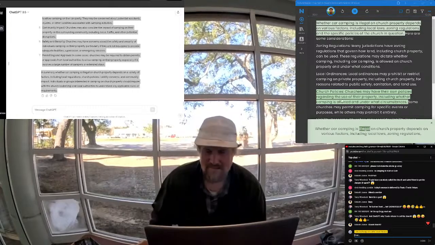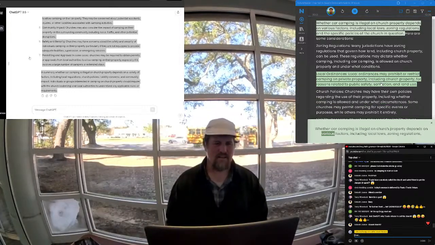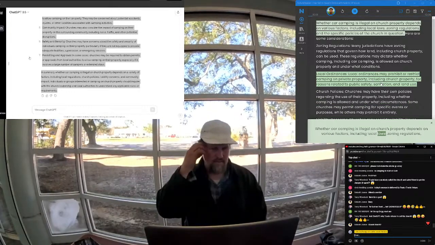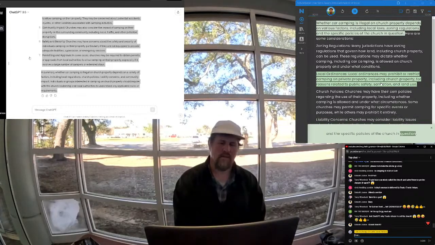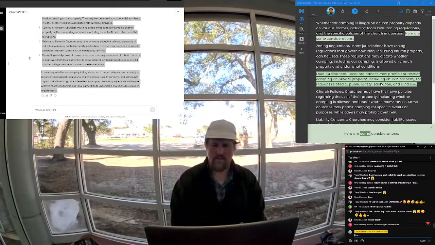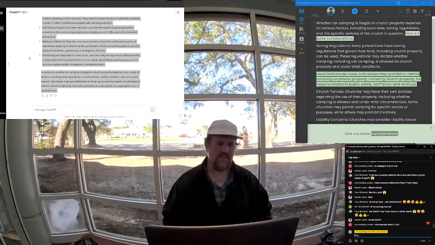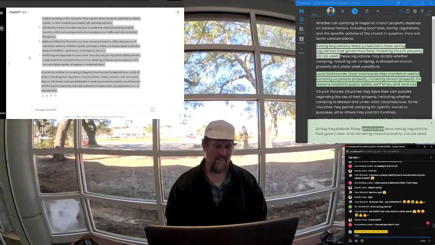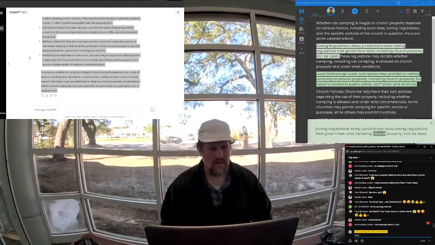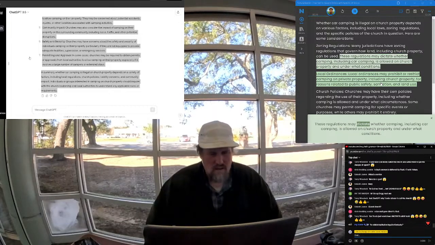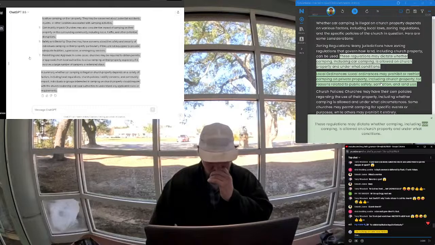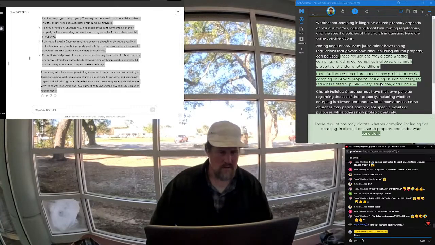Whether car camping is illegal on church property depends on various factors, including local laws, zoning regulations, and the specific policies of the church in question. Here are some considerations. Zoning regulations. Many jurisdictions have zoning regulations that govern how land, including church property, can be used. These regulations may dictate whether camping, including car camping, is allowed on church property and under what conditions.